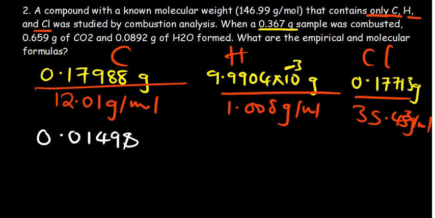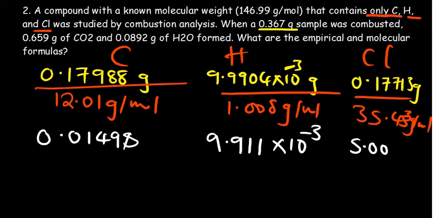The other one, 9.9904 times 10 to the power negative 3 divided by 1.008, gives 9.911 times 10 to the power negative 3. Finally, for chlorine, 0.17713 divided by 35.453 gives 5.005 times 10 to the power negative 3.